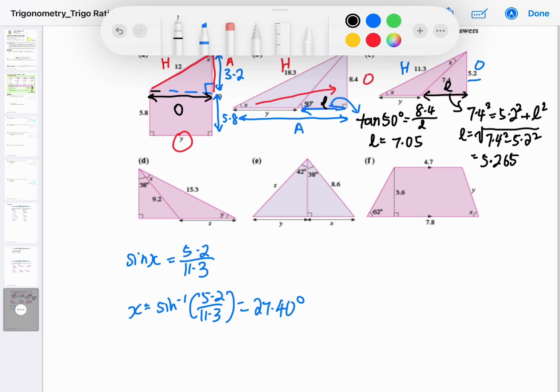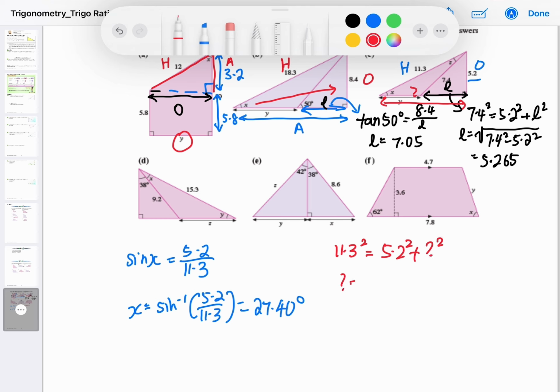Given that, I can find y by finding the long length, the long length in red. Let's use Pythagoras also. By Pythagoras, 11.3 squared equals 5.2 squared plus question mark squared.